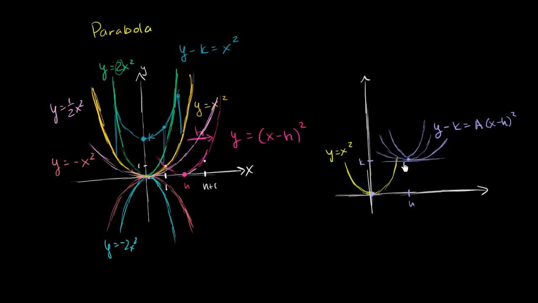And if a is negative, I should say greater than -1, between 0 and -1, it'll be a broad opening like that. At -1, it'll look like a reflection of our original curve. And if a is less than -1, so it's even more negative, then it's going to be an even steeper parabola that might look like that. So hopefully that gives you a good way of how to shift and scale parabolas.